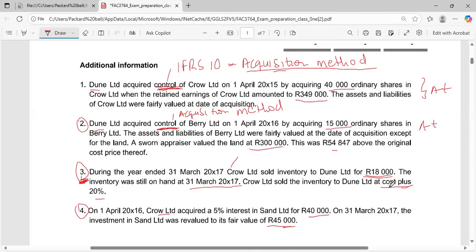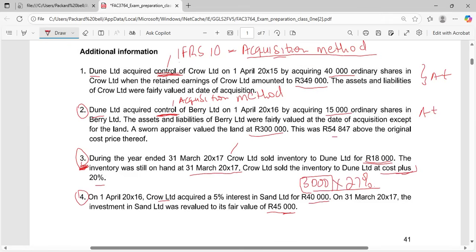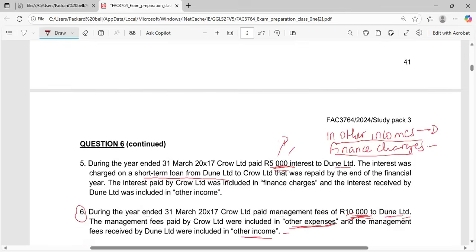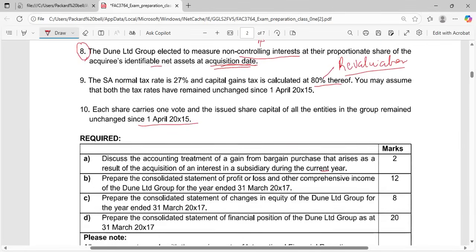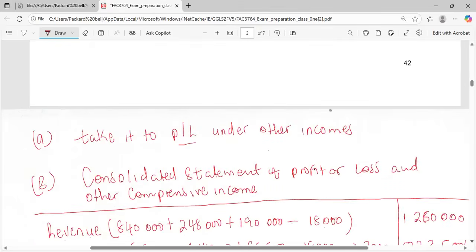So this is the figure that you need to adjust your tax. So your 3,000 times 27% is what is going to reduce your income tax expenses. Because the moment you reduce your profit by 3,000, it also means you are going to reduce your tax. So that's an adjustment that you are going to do on the income tax expense.